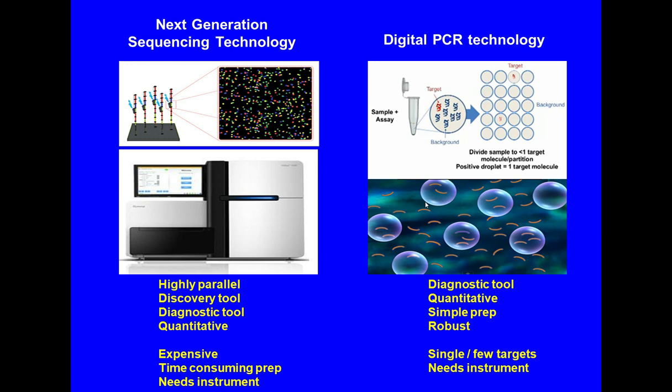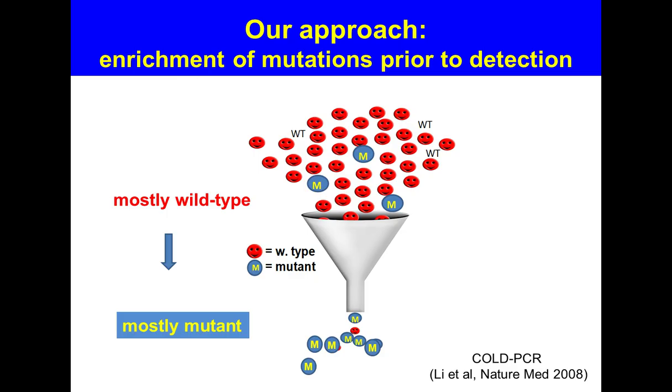So today I'm going to talk about COLD-PCR, which is an even more flexible technology to use and to adapt to various clinical scenarios, and which can be applied on a standard real-time PCR or standard PCR instrument, which is available in every lab.